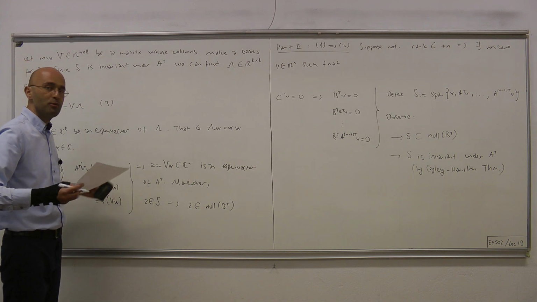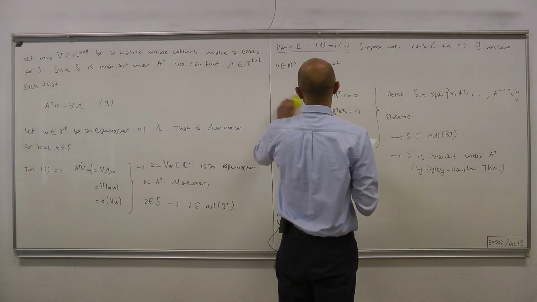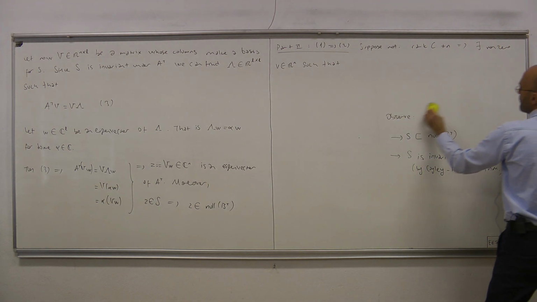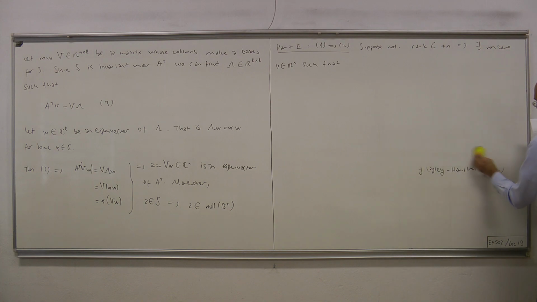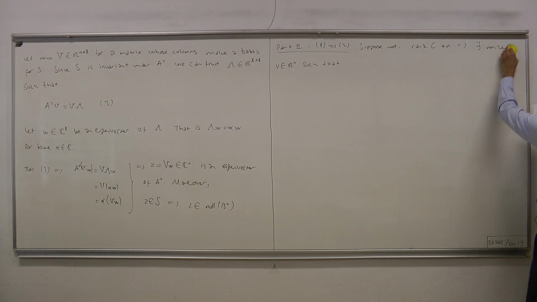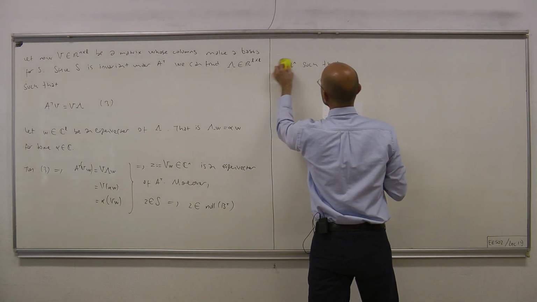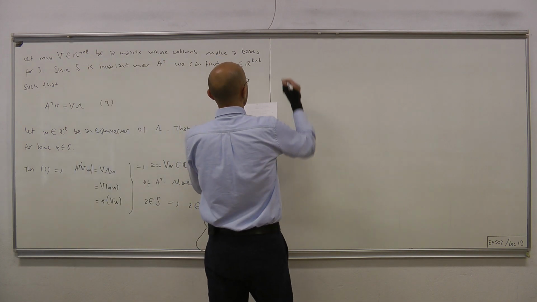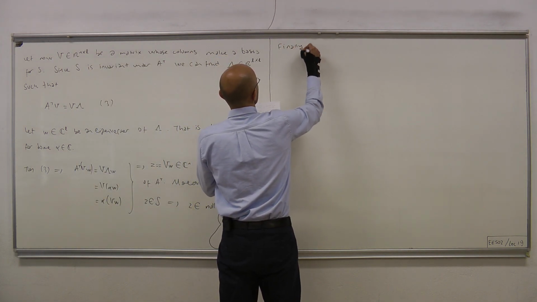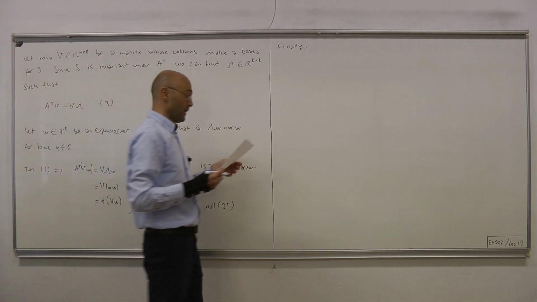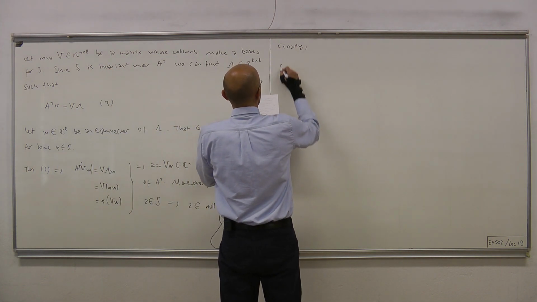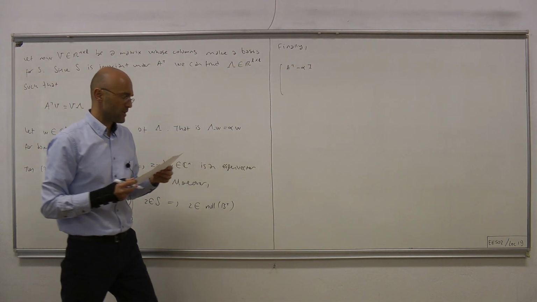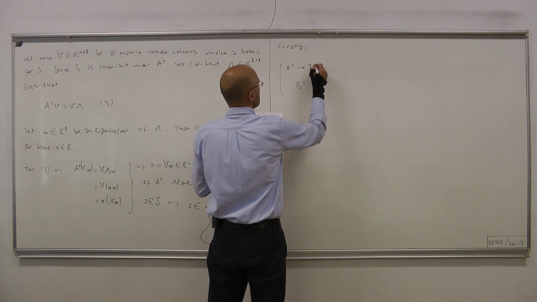Now, all that remains is to put all pieces together. Okay, so finally we have the following: A transpose minus alpha times the identity matrix, and put here B transpose.